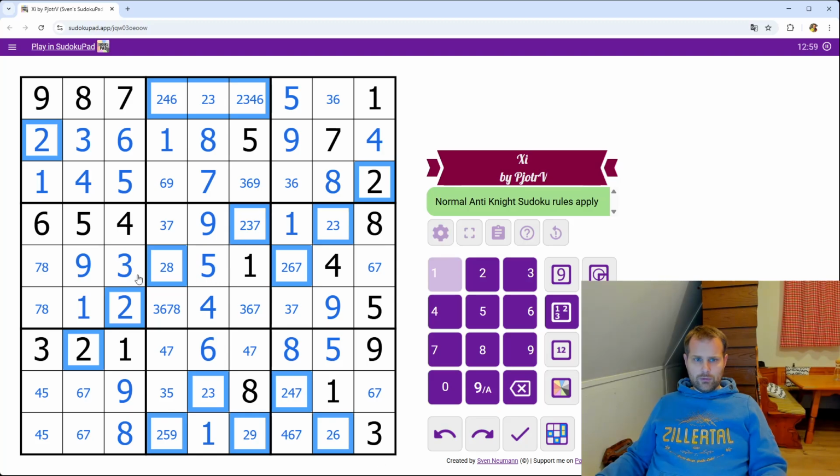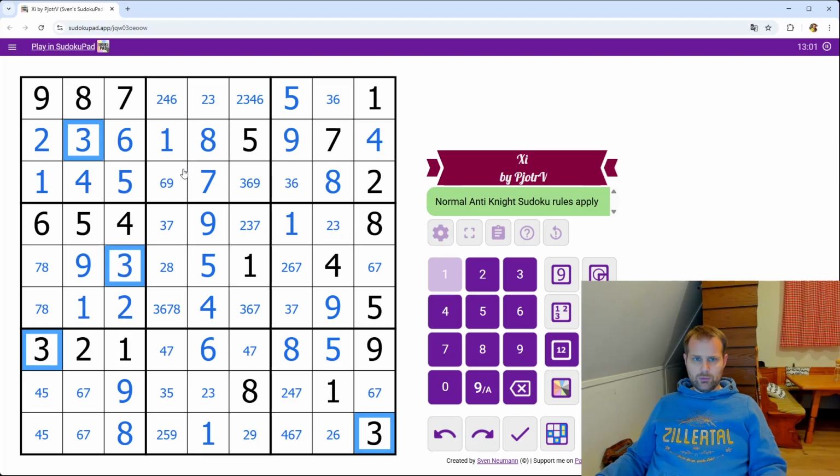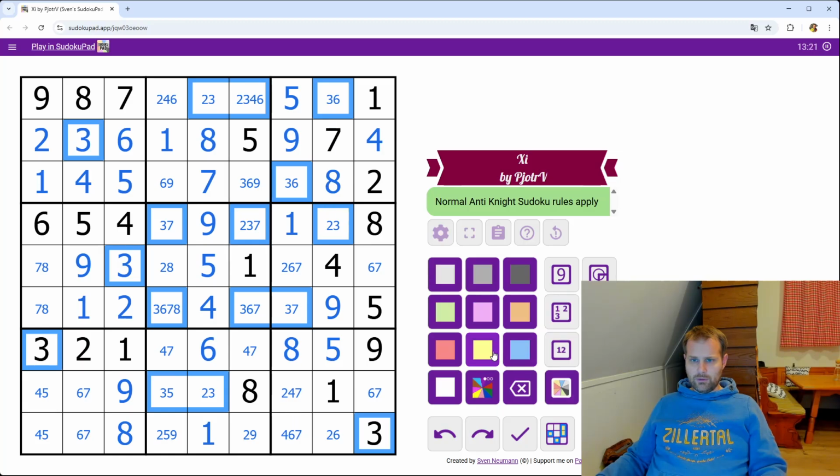Okay, can't see that much yet for the twos. And what about the threes? The threes are here, the threes are here, and the threes are here. Also the threes are there and there. Well, there I can see something.